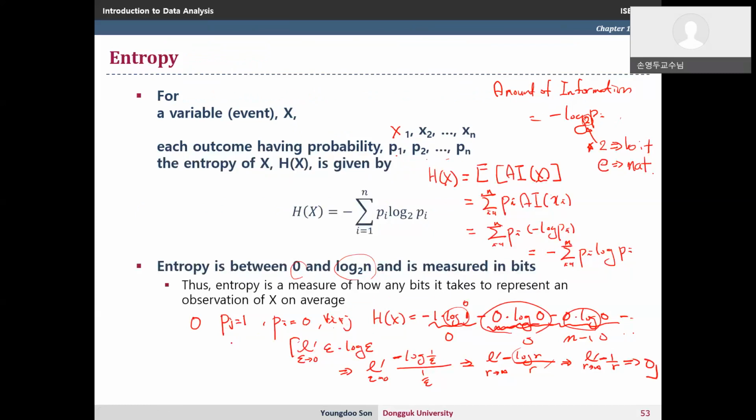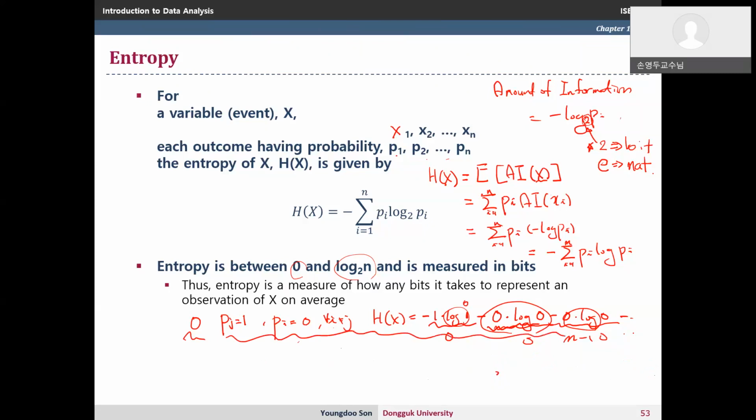So we will get the minimum value of entropy if the probability of one outcome is 1 and the probability of the other outcomes are 0. We can interpret it qualitatively also, because this case means that the outcome will be fixed to only one type of outcome j.